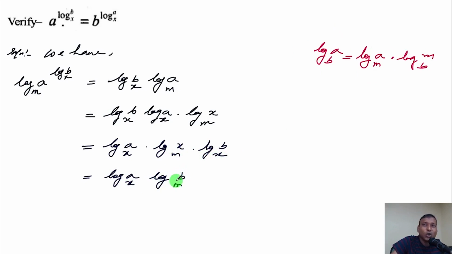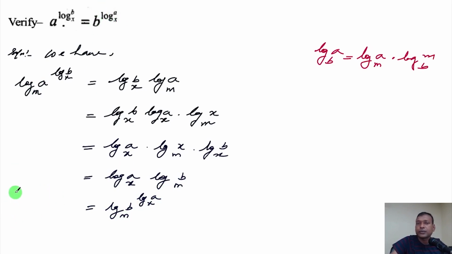See, very simple. Log b to the base m can be written as log x to the base m and log b to the base x. That is fine. Now this x cancels, then log b to the base m. So now this log I can take here as power. Now you see this came here, so the left hand side is log a power log b to the base x, and the base is m.